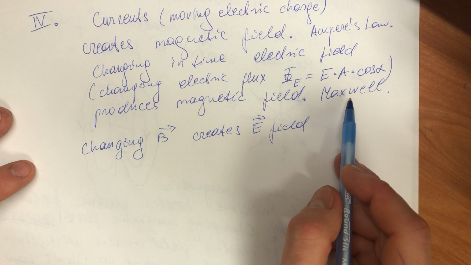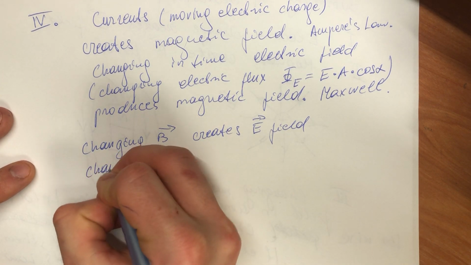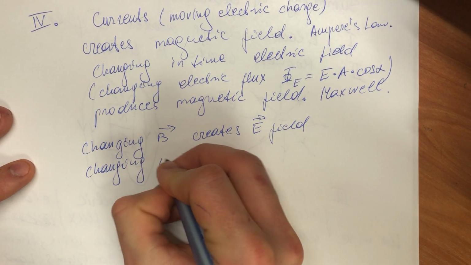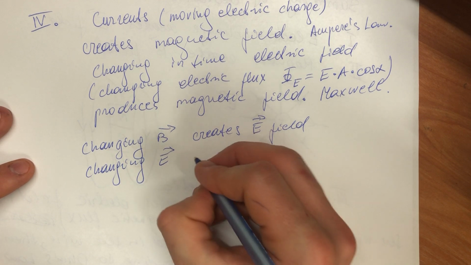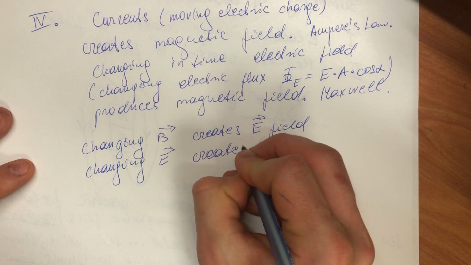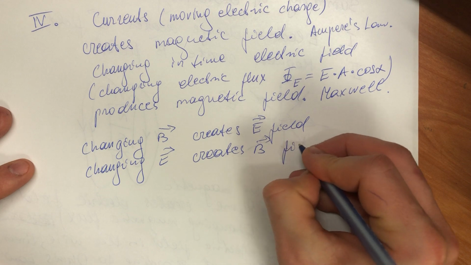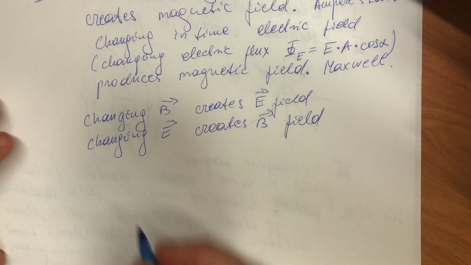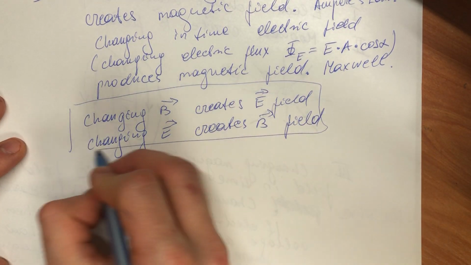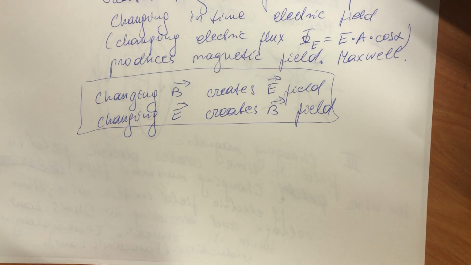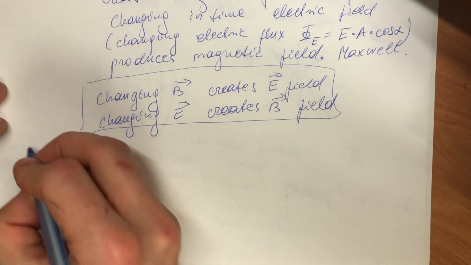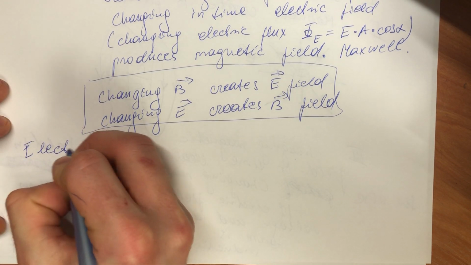According to Maxwell, changing E field creates B field. Based on these two mathematically, very difficultly proven terms, he derived the equations of electromagnetic waves.